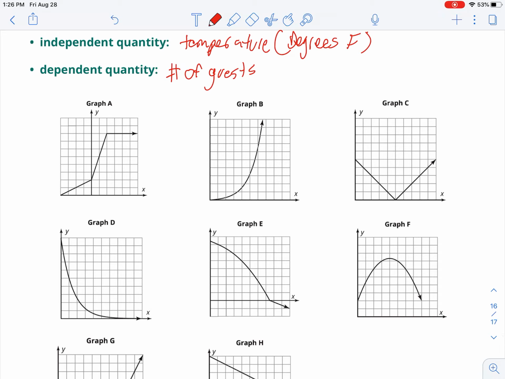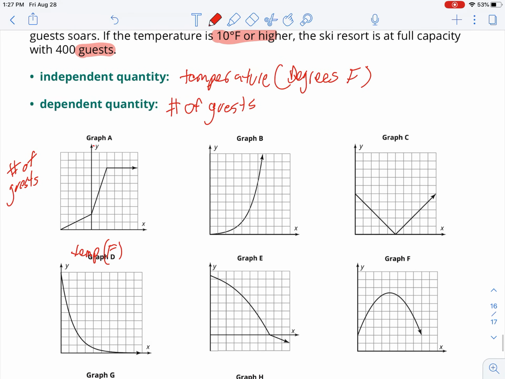So we label our independent, that's always our x-axis, temperature, which is in Fahrenheit. And then the number of guests, which is our y-axis, okay? Now, from there, we label out our scale. As we look at this picture here, based off of what happens, we're going to make our scale go by fives, because what we're dealing with is right here, where the y-axis splits the x-axis.